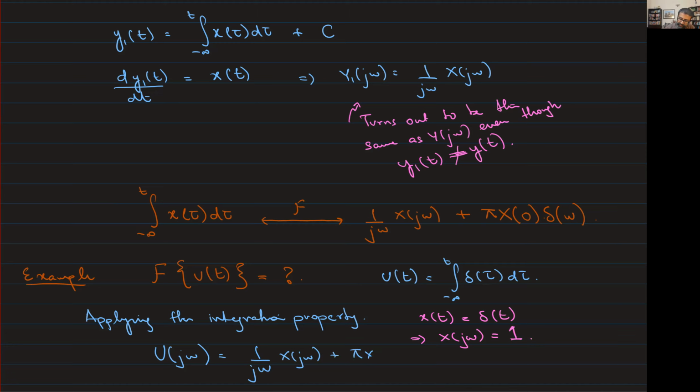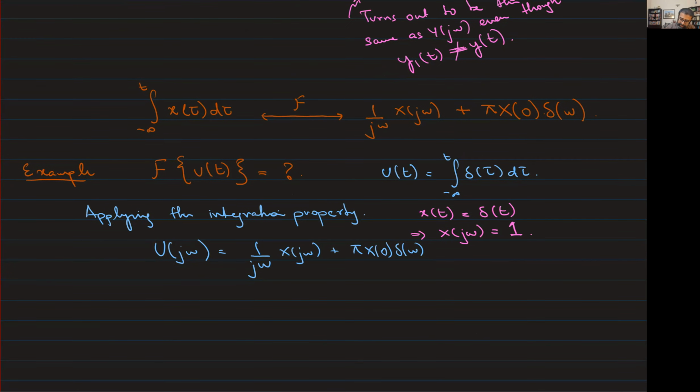This is times x of 0 times delta of omega. And therefore, this is 1 upon j omega times 1, plus pi times delta of omega. So this is the Fourier transform of the unit impulse, or rather the unit step.